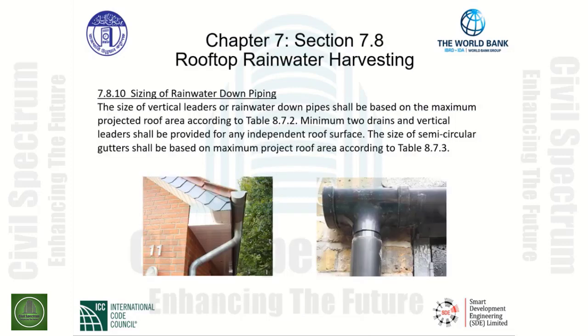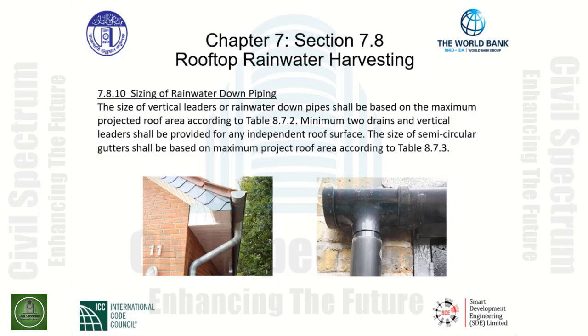Sizing of rainwater downpiping, section 7.8.10. The size of vertical leaders or rainwater downpipe shall be based on the maximum projected roof area according to table 8.7.2. Minimum 2 drains and vertical leaders shall be provided for any independent roof surfaces.